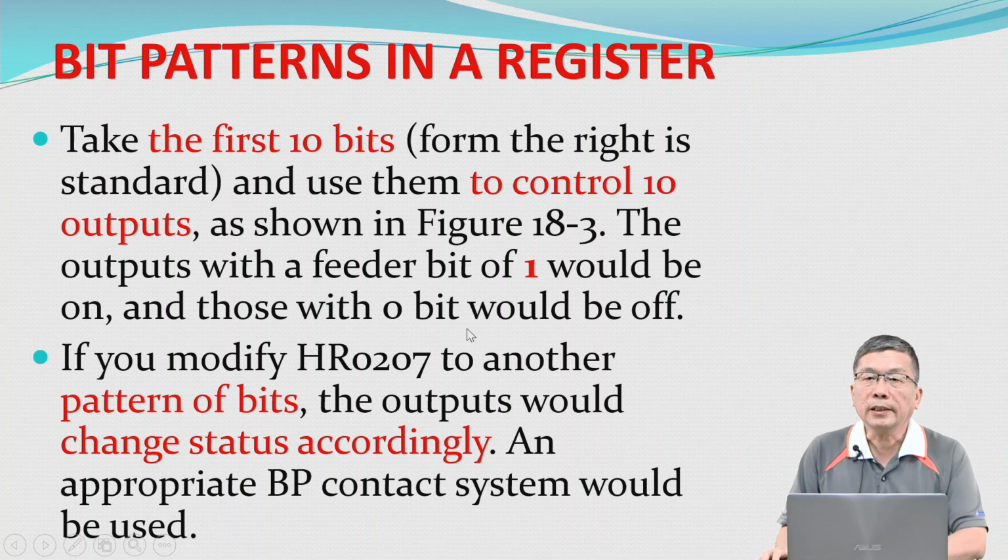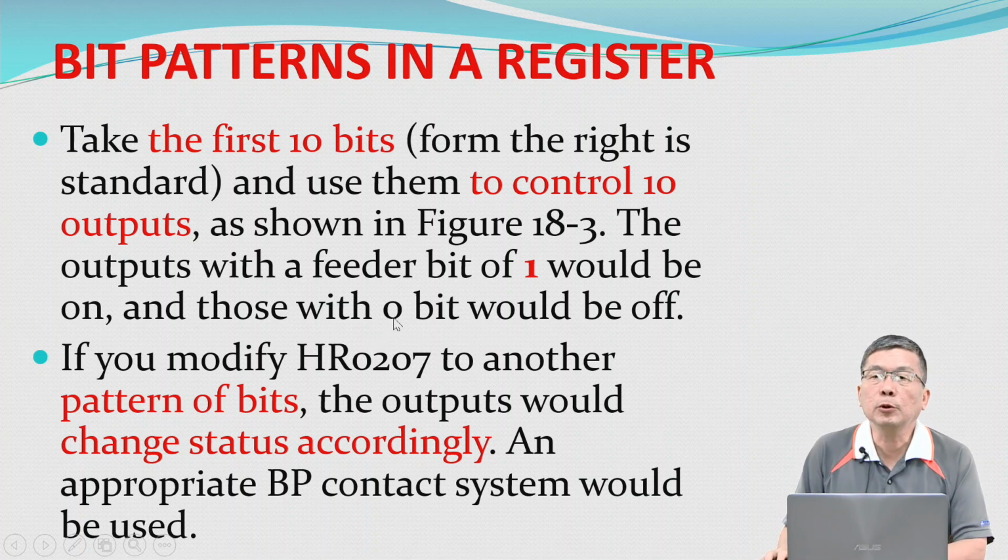To take the first 10 bits from the right is standard, and use them to control 10 outputs, as shown in Figure 18.3. The output with a register bit of 1 would be on, and those with a 0 bit would be off.